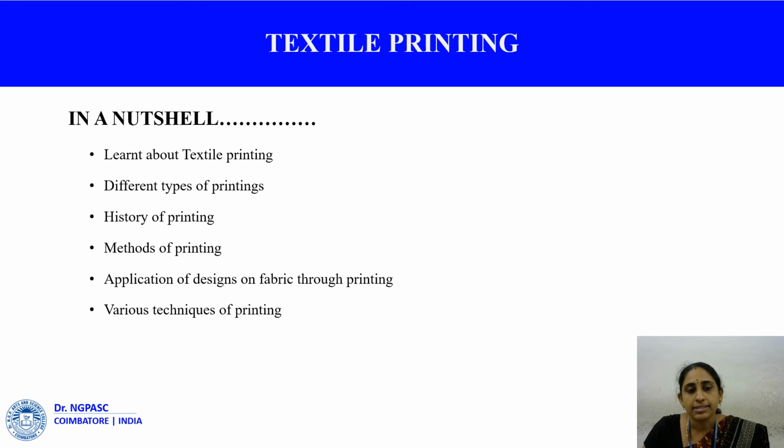Next we have seen the different types of printing such as block printing, stencil printing, screen printing, rotary and roller printing, discharge printing, resist printing and transfer printing. The history of printing, where it originated, the methods of printing, the applications of design on fabric through printing and various techniques of printing have been seen in this topic.